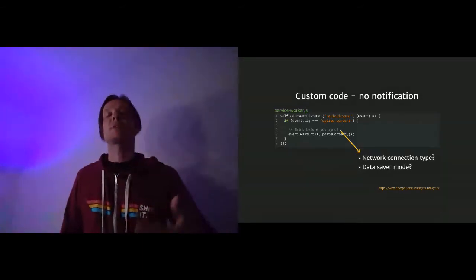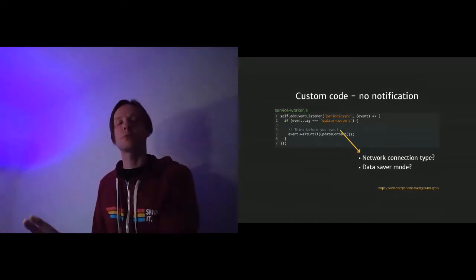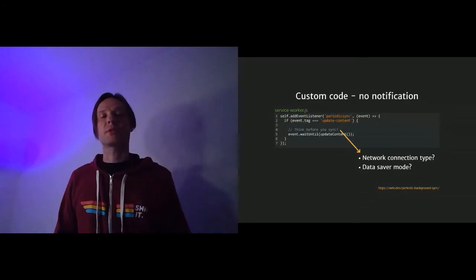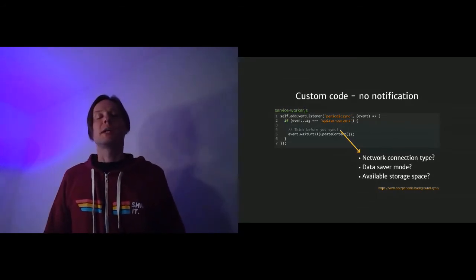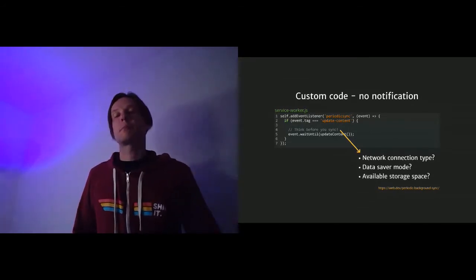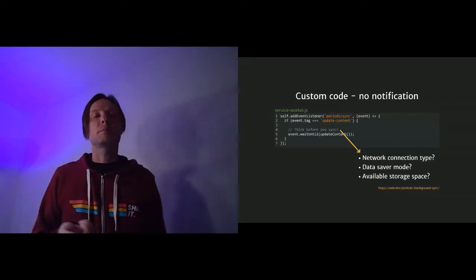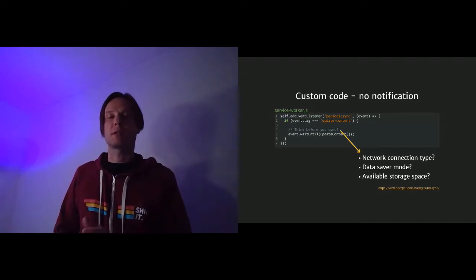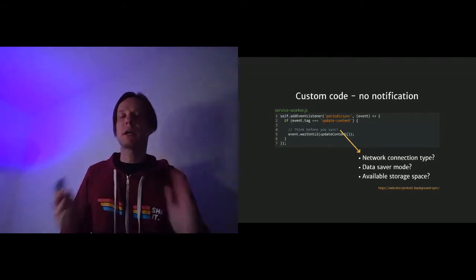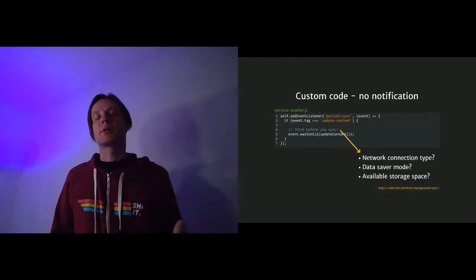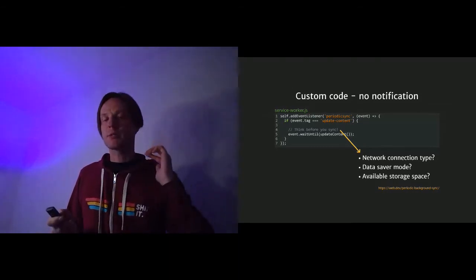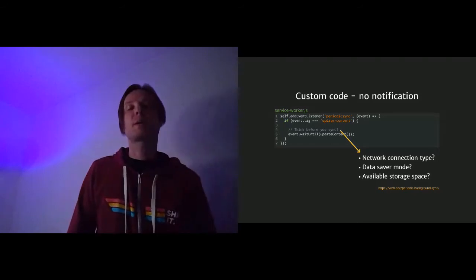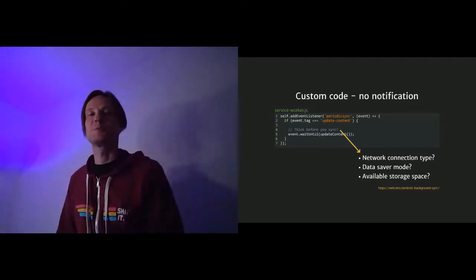Because our user explicitly asked, please, I don't want to overuse my traffic on this subscription. And after all, if we are about to download some bulky data, maybe there is not enough space on the user device, or this space is limited. We have an API to check for this. So it's really best practice to do extra checks. The browser is caring about the user, and we have to do so.